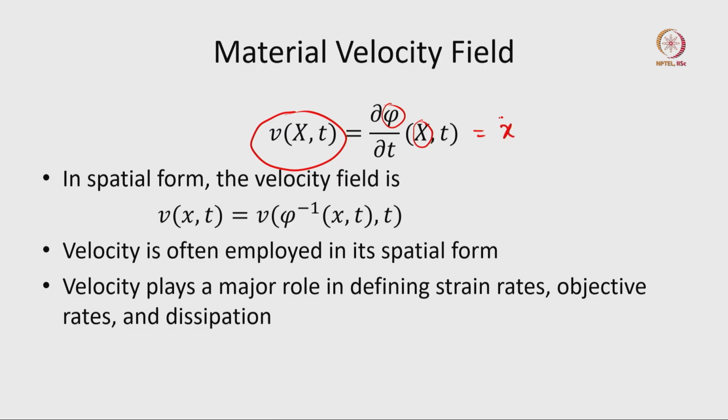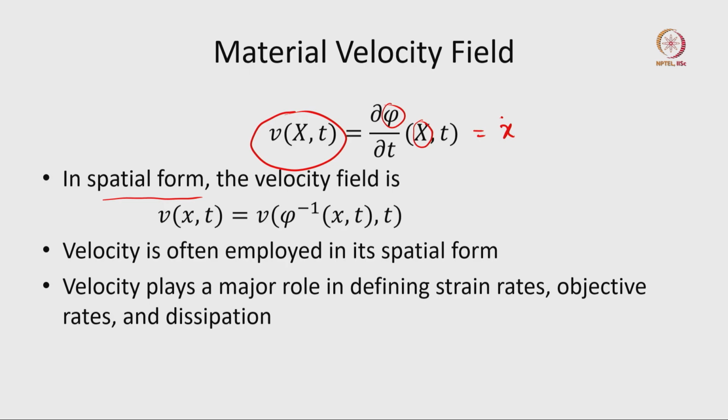Please understand that. But then in many applications, in many of the future work that we will be doing, we will be more interested in expressing this velocity v in terms of small x. So, velocity field that way we should actually write as a spatial vector, not in terms of a material vector. So, in the spatial form, because phi is now one to one and therefore it is invertible, we already know that.